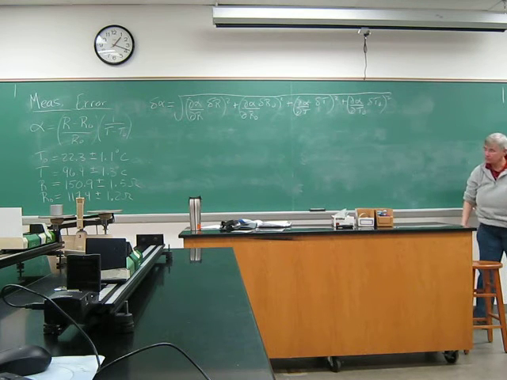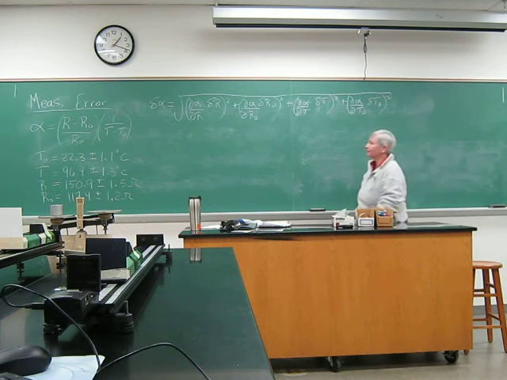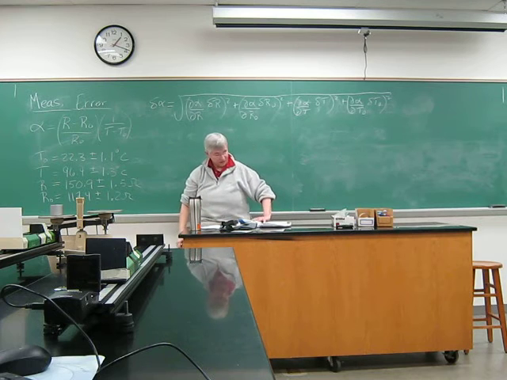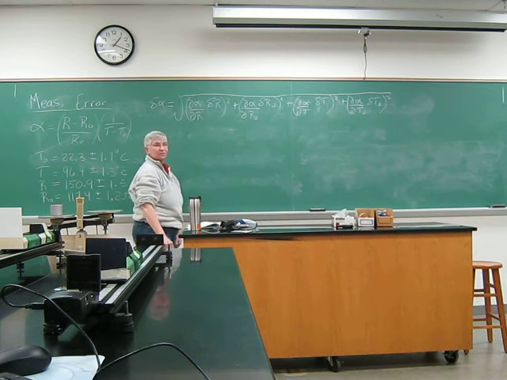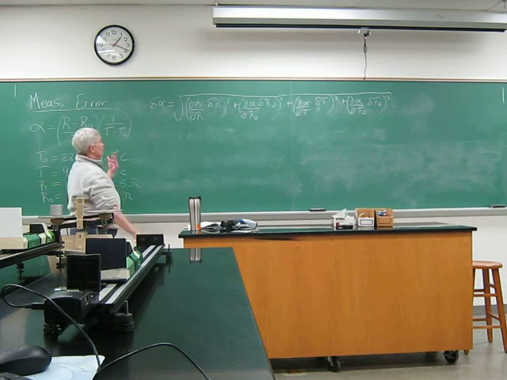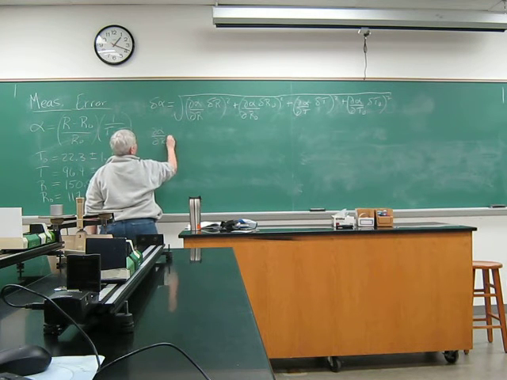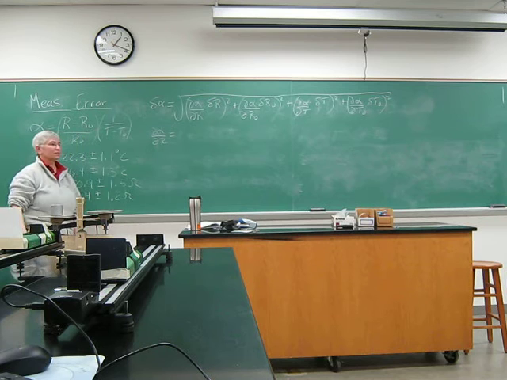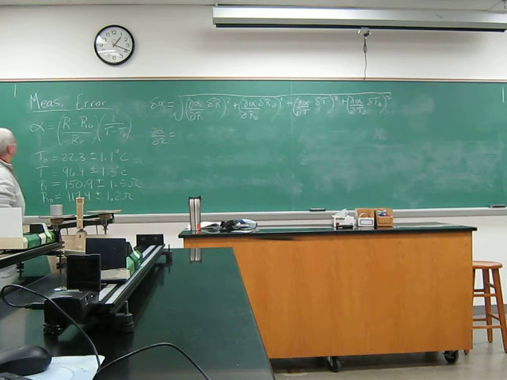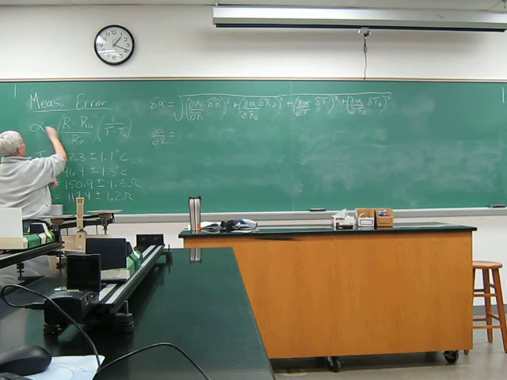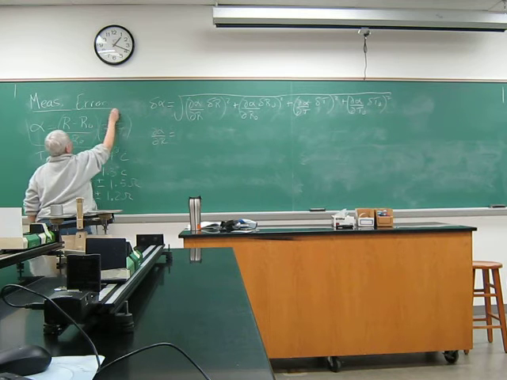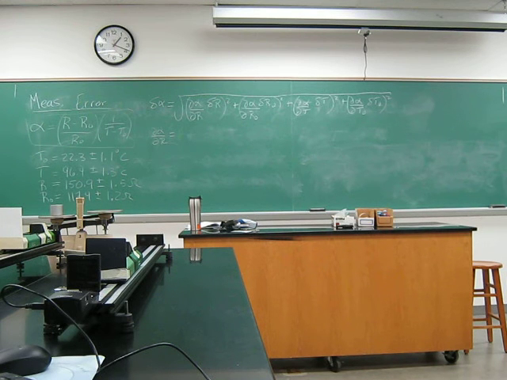Okay? All right. So, which one do you want to tackle first? Okay. So, there's the equation that you need to take the derivative of. And for this problem, these are simple derivatives.